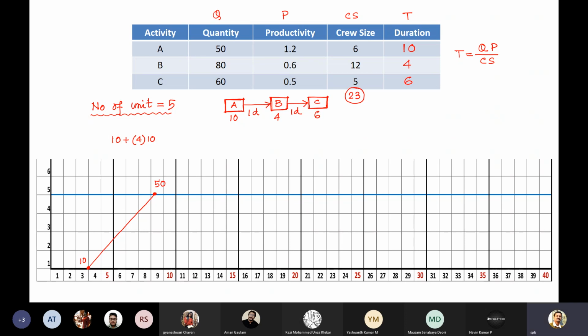Next activity is of 4 days, so it will be smaller, so definitely it will have a crossover point if you start again from the bottom. So from here you go to the next. There is a buffer of 1 day. So this is 50 plus a buffer day of 1 day, and then there are 4 days of activity. So this is 55. The end point of this is 55.